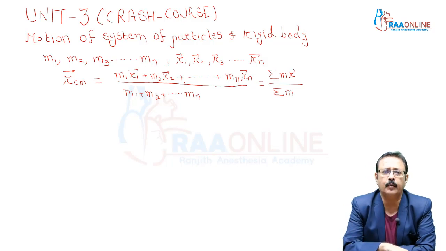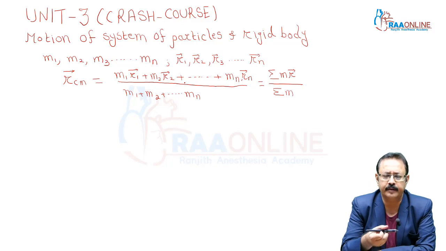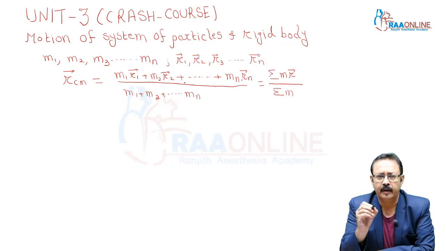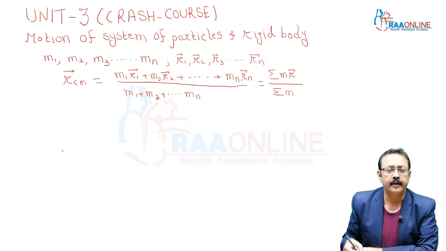Means if you want to calculate velocity of center of mass, no tension. What is velocity? Rate of change of displacement. It means differentiation of this, you will get VCM.